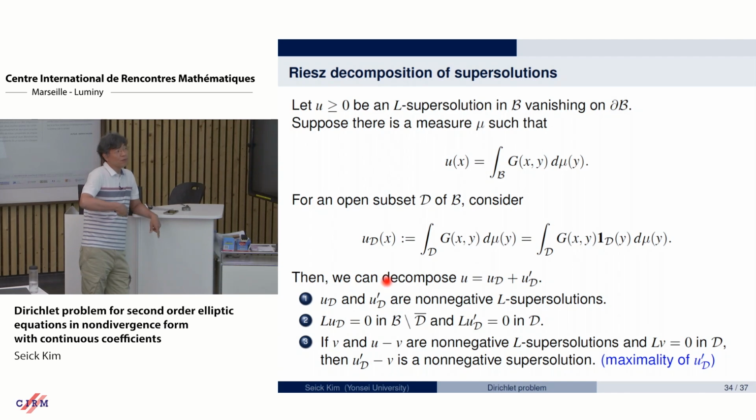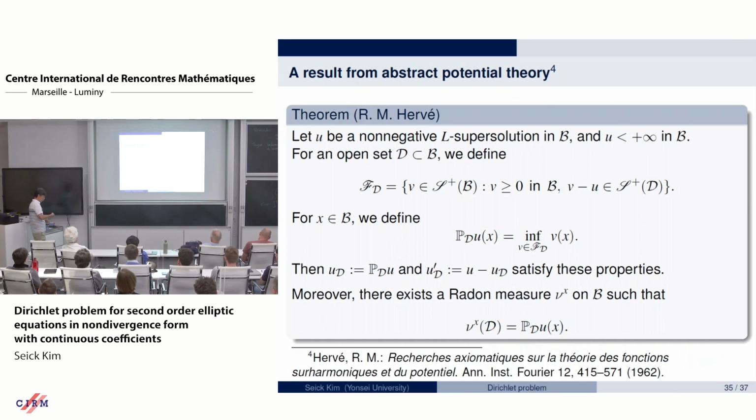But if you think about it, this gives some kind of characterization. You are given U, you are given D, and if you have a decomposition like that, then you are good. This can be done without assuming mu. This is due to Rosemary Hervé.